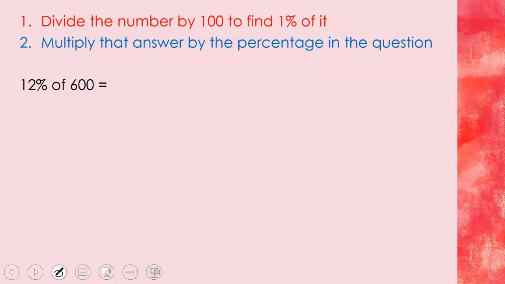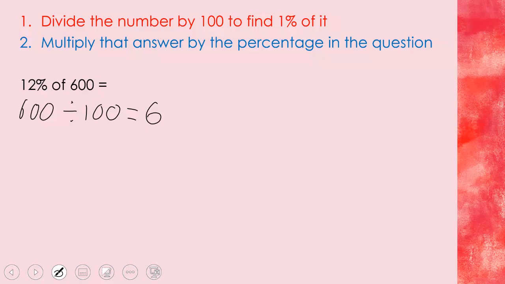600. So step 1, divide the number by 100 to find 1% of it. 600, remember I'm talking about the number in the question, not the percentage. 600 divided by 100 is 6.